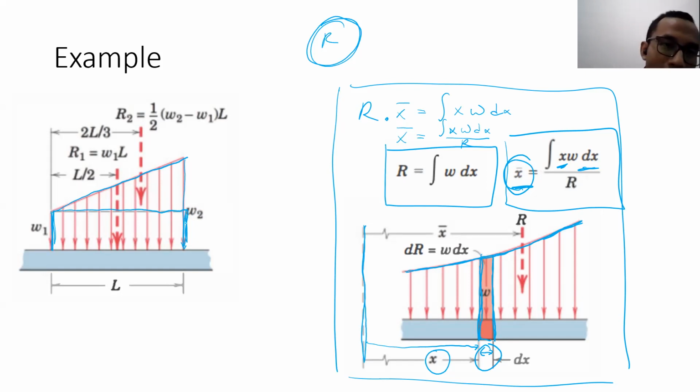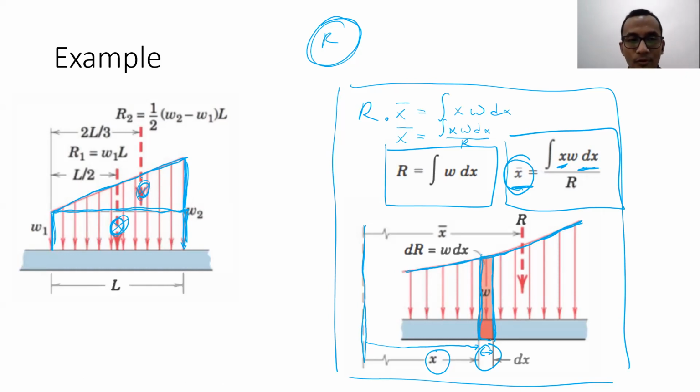For the triangle, the same, we know R and X bar. That's why we divide it into two. For the first one, the centroid is there. For the second one, the triangle, the centroid is here. So we have two resultant forces.